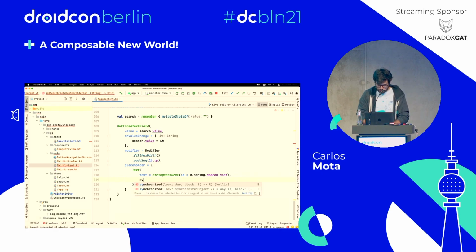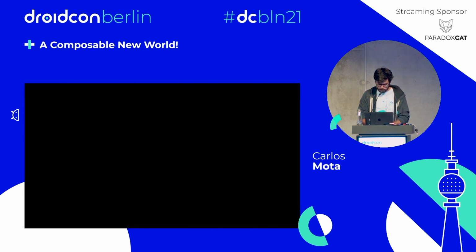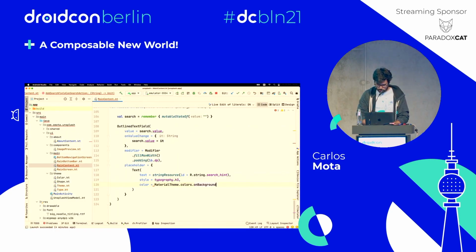We also have styles defined, so let's take advantage of them. And I'm going to use typography h3. And of course, since we now support themes, let's just define a material theme color for this. So this needs to be on background, and it's already defined a placeholder.